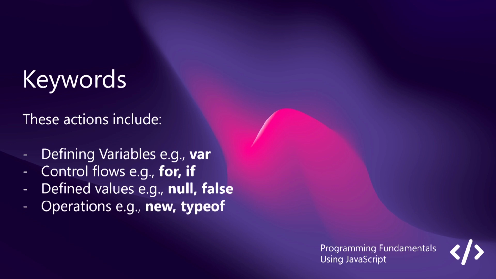And we have some operations that are done based on reserved words. For instance, the new word, which creates an object, and typeof, which checks the type of a specific object. We haven't seen this yet, but we will get to this sometime during this tutorial.